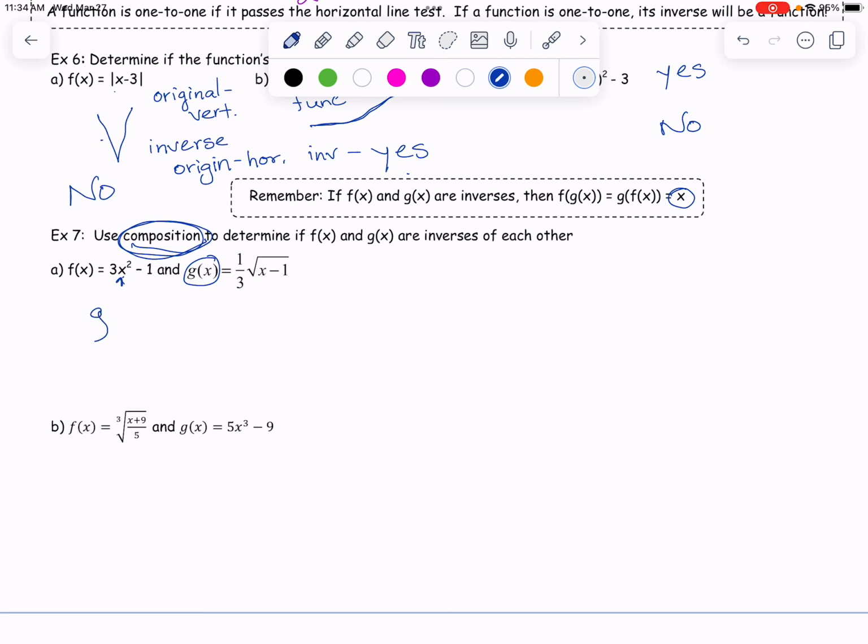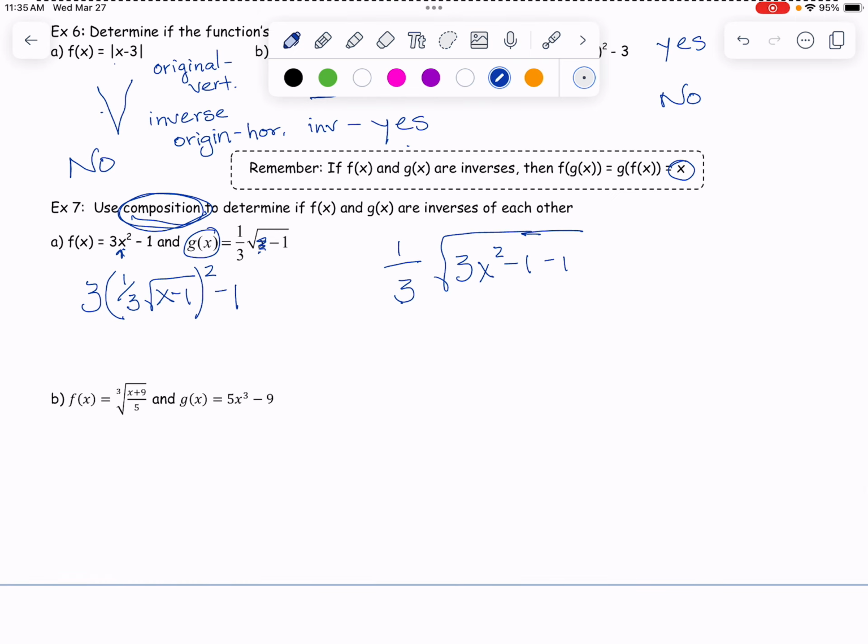So it would look like this, 1/3 (x minus 1) squared minus 1. And this would be 1/3 (3x squared minus 1) minus 1. So I'm going to put 3x squared minus 1 right here, and you still have that negative 1.